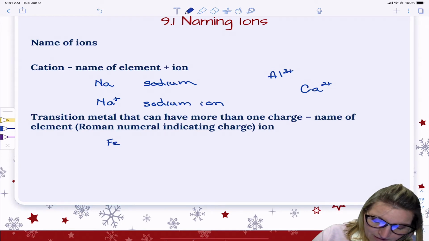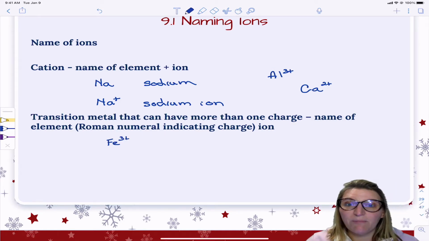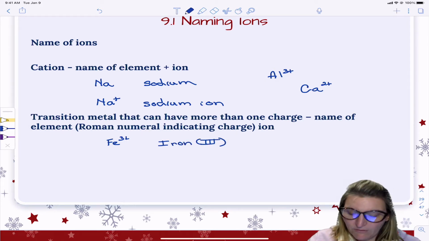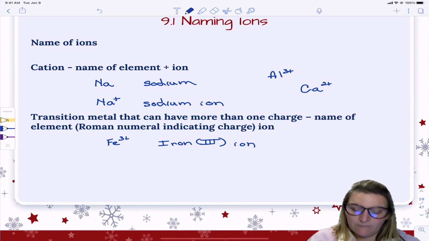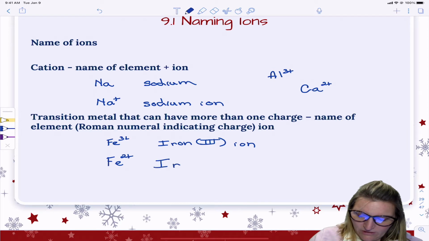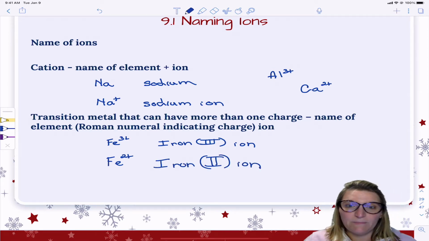So if I mean the iron 3+ ion, I would have to say iron, and then in parentheses, the Roman numeral for 3, and then the word ion. And if I mean the iron 2+ ion, I just say iron, parentheses, Roman numeral 2, ion.